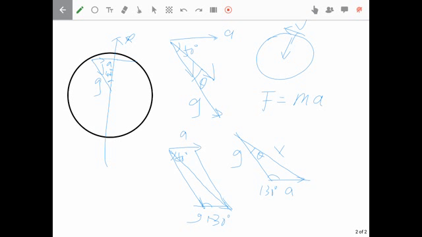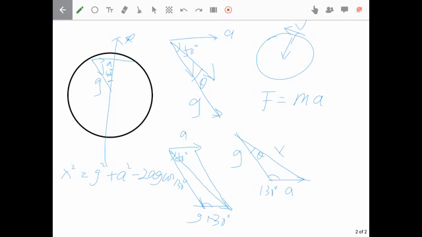I just quickly searched up the cosine rule to make sure I wrote it down correctly. So the cosine rule: we're trying to find x. x squared equals g squared plus a squared minus 2ag cos 130 degrees. Yeah, I got it.